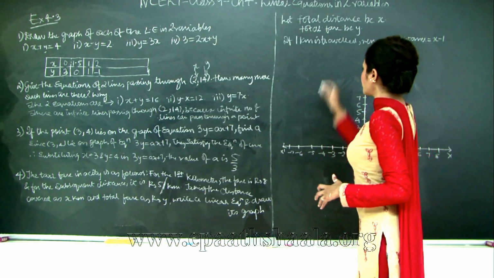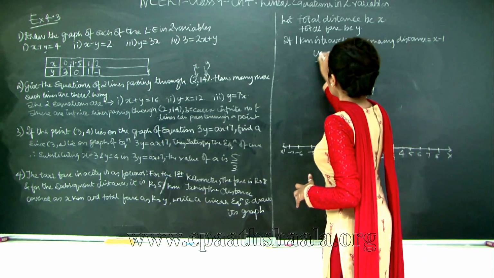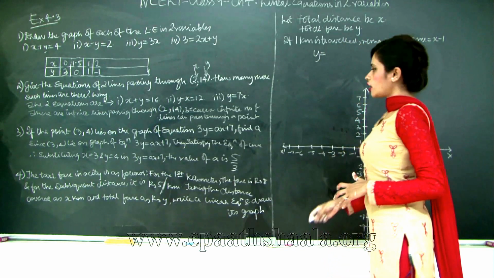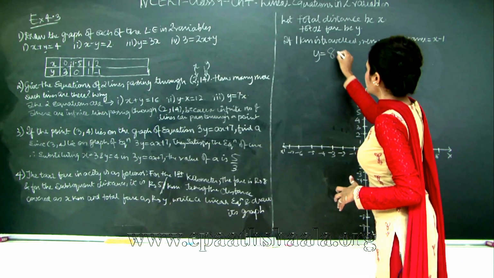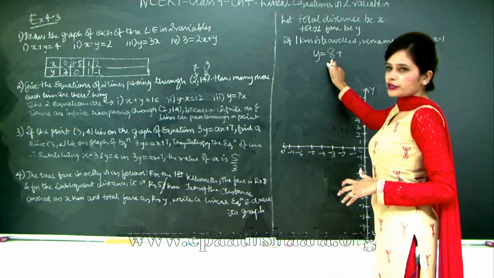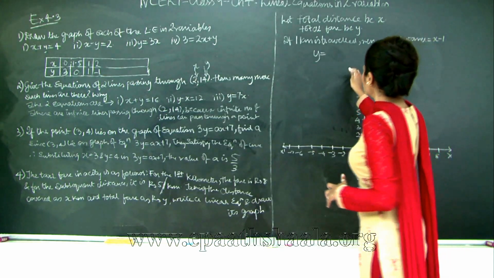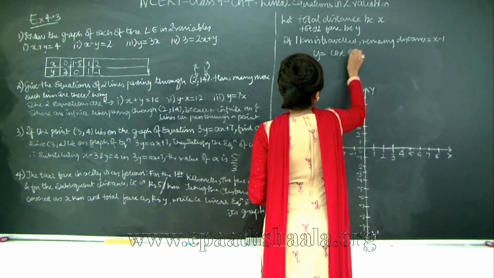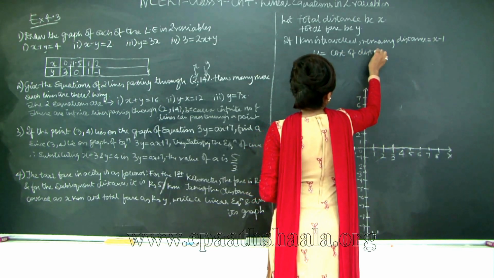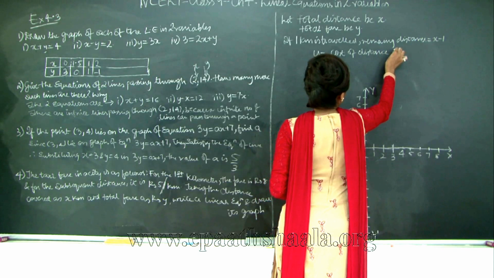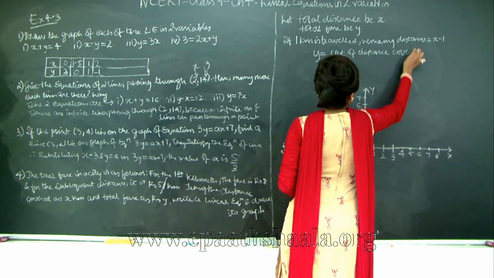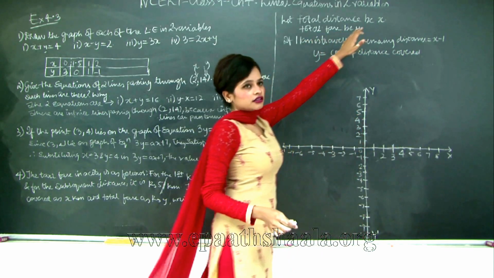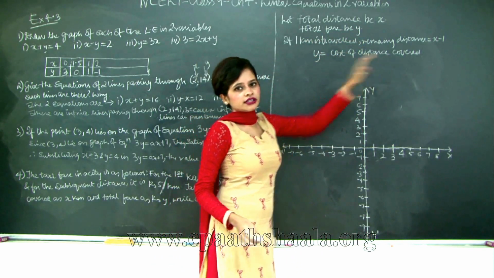So now your total fare is y. y is going to be how much? It will be rupees 8, that is for the first kilometer, or I will just write y is equal to cost of distance covered. Correct? Total fare is nothing but cost of distance covered.